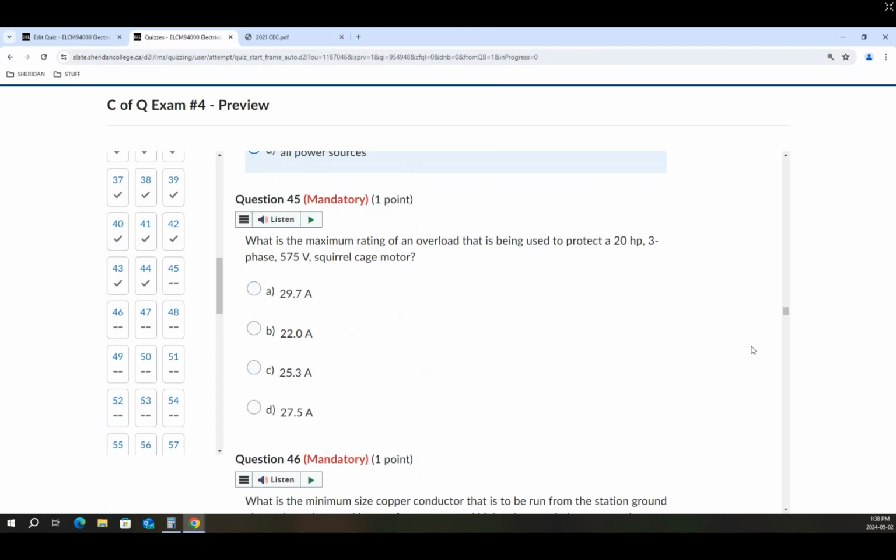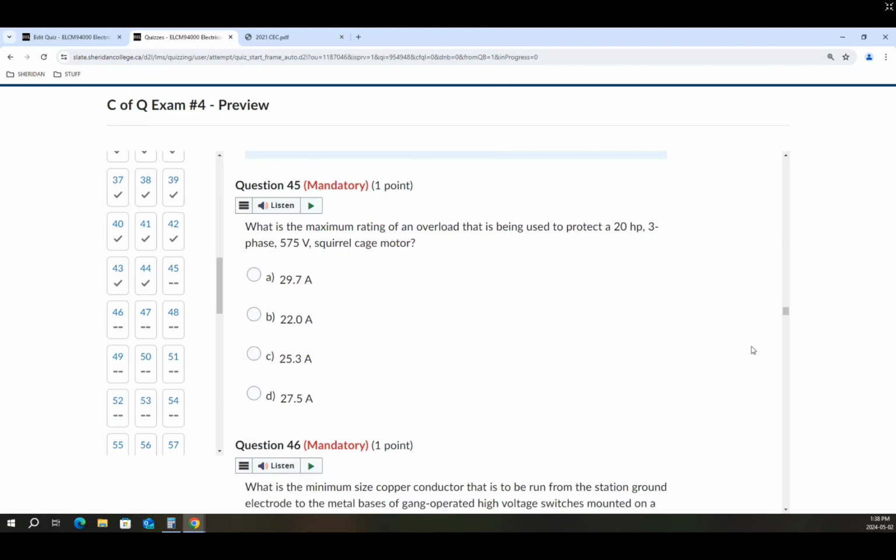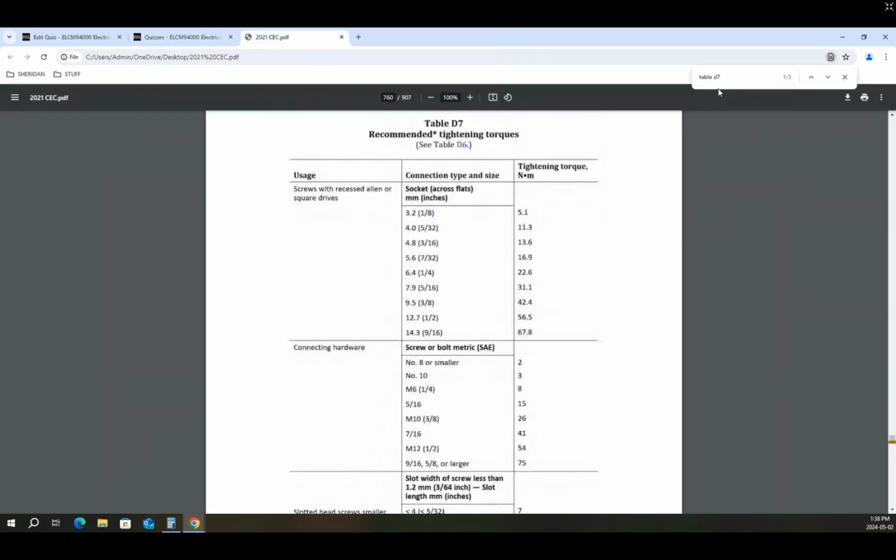What's the maximum rating of an overload that's being used to protect the 20 horsepower, 3-phase, 575 volt squirrel cage motor? I need to know what my FLA is for a 20 horse 575.